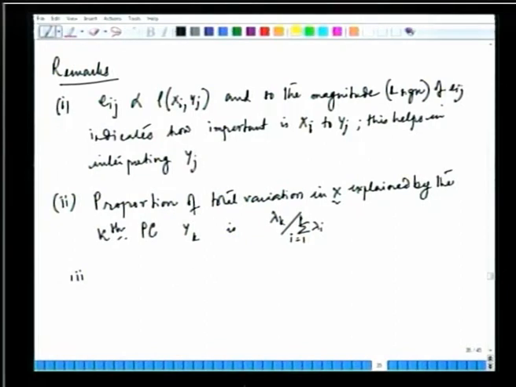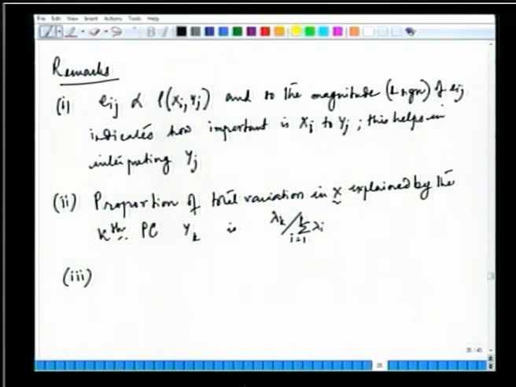Okay. Then again, it is not necessary that I have to consider the principal components in isolation, that I should say that 1 explains the highest variability, so I stop at 1. No, I can consider 1 and 2. 2-dimensional is also good enough for me. So, in that case I have to look at the total variability explained by the first principal component and the second principal component.